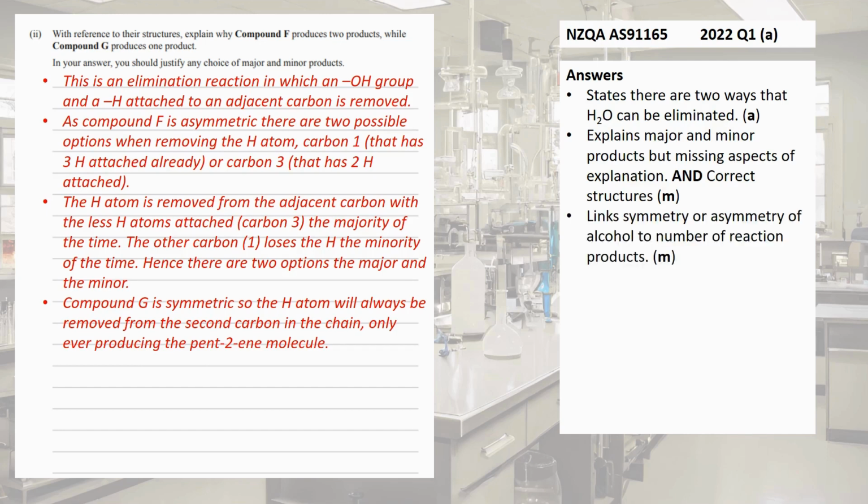If we link the symmetry and asymmetry of the alcohol to the number of products, that is, if it's asymmetric, it will have 2 possible different products, and if it's symmetric, it will only have 1 possible product, then we get another merit. If there's a full explanation that has the correct structures, talks about the symmetry, and explains in detail about the major and the minor, we get the excellence grade here.